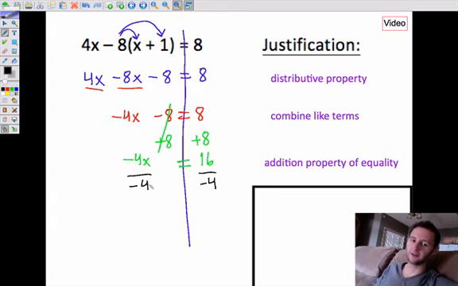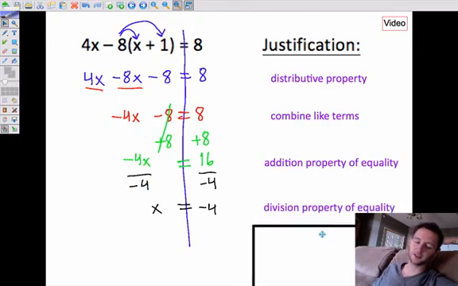So you have to divide by the full coefficient, which is negative 4. So dividing by negative 4 gives you x right here, and 16 divided by negative 4 is negative 4. And since I divided on both sides, the justification for that is the division property of equality. Okay.